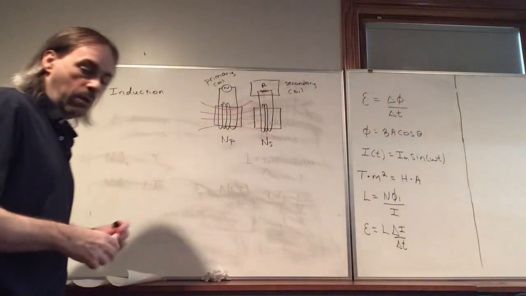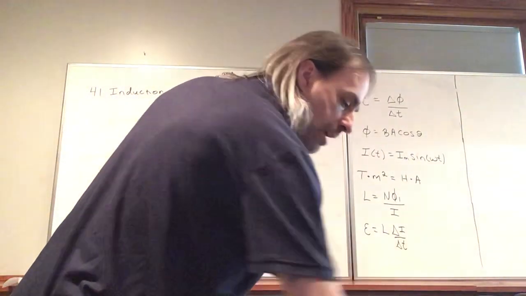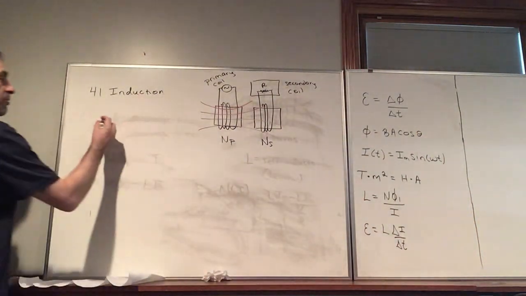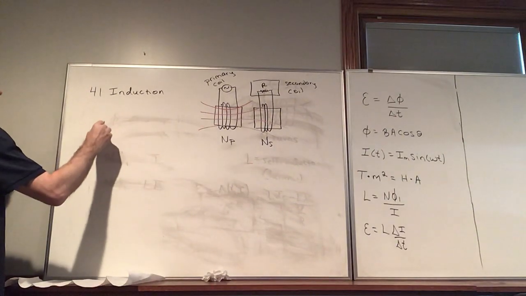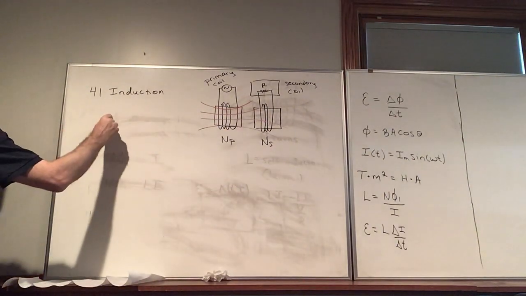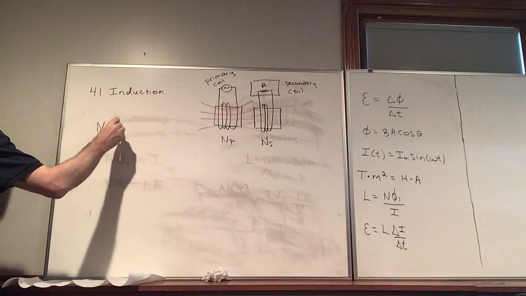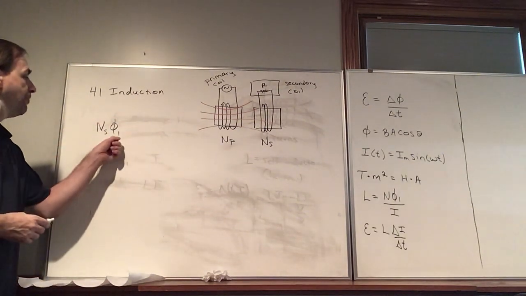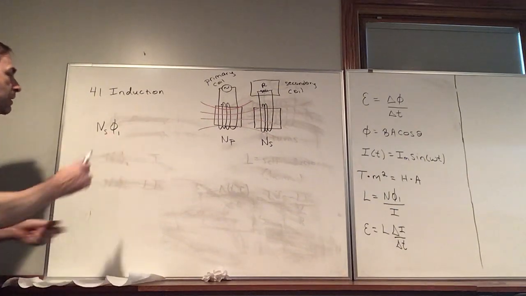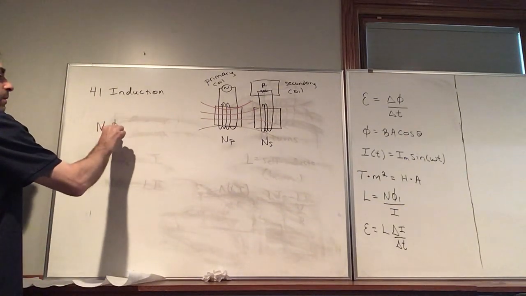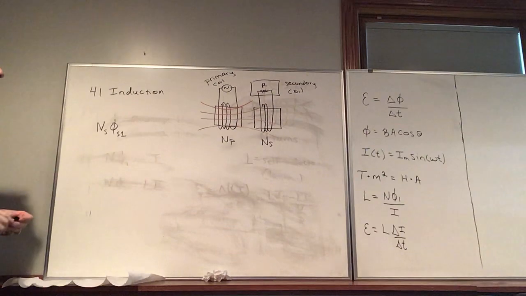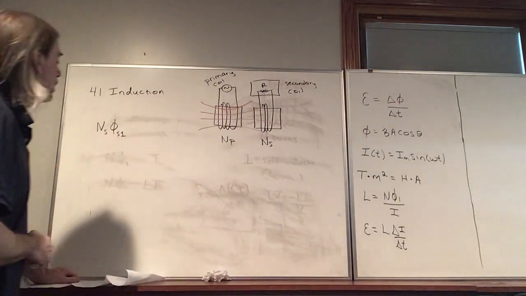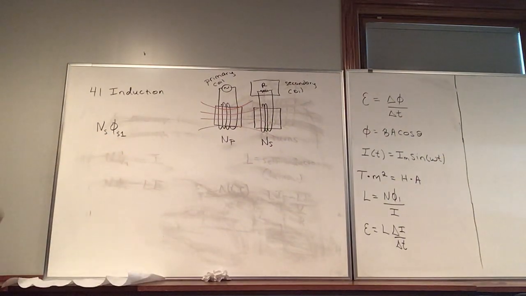Okay, so we're going to start out by making our assumption. I'll just write down the number of loops in the secondary coil times, we'll call it phi 1. Phi 1 is an average flux through a single loop in the secondary coil.